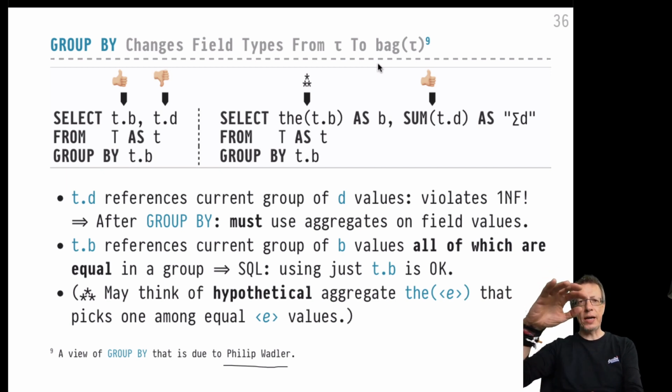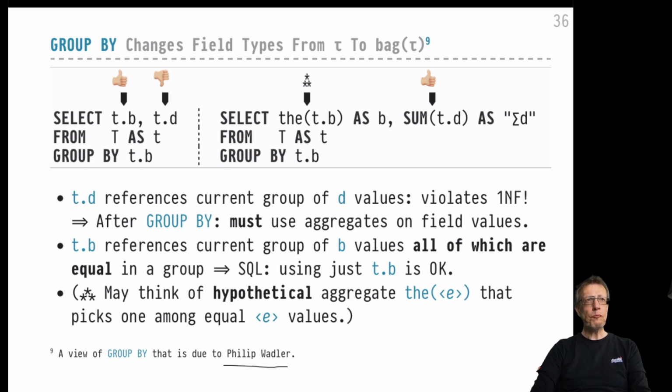An entire bag, a group of values, has been collected together, is forming one entity now of type bag of tau, and is now processed according to the rules of what can be applied to a bag of taus, not to individual tau values. That really clarifies what is possible and what is valid in the specification of the having and the select clauses of a SQL query.